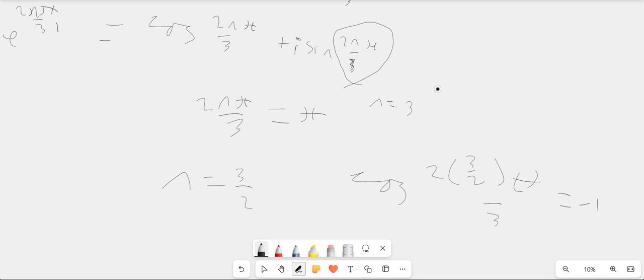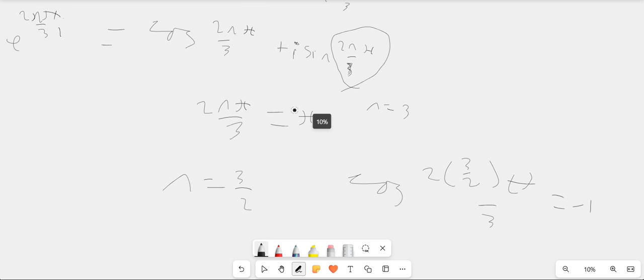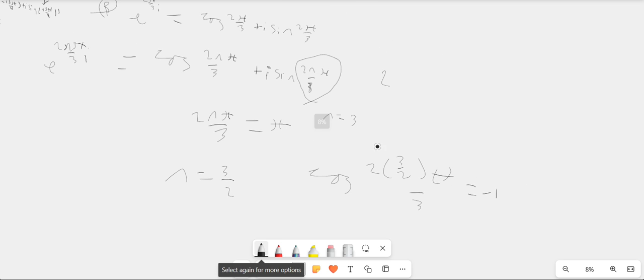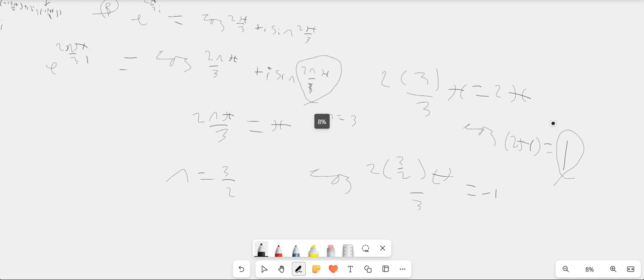So you put 3 into here, that's going to equal 2 pi, and cos 2 pi is equal to 1, so it's correct. So the smallest positive real value is 1, and that is n equals 3. It will be positive, and it's also real.